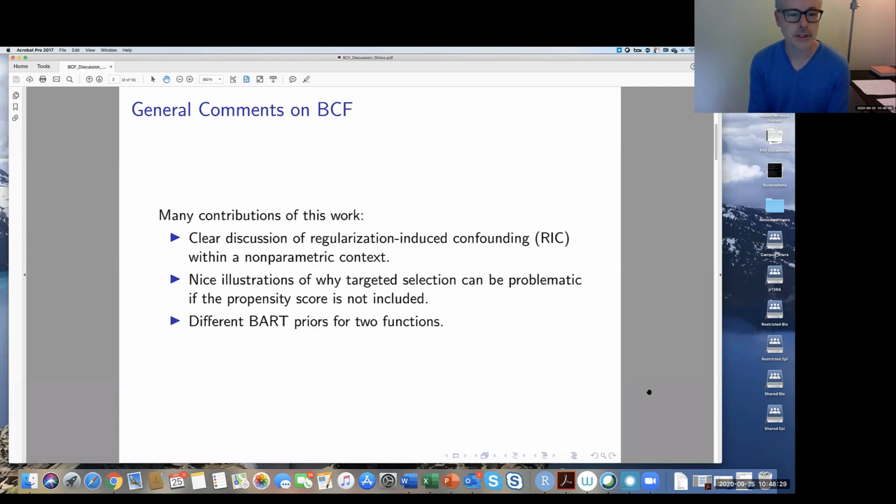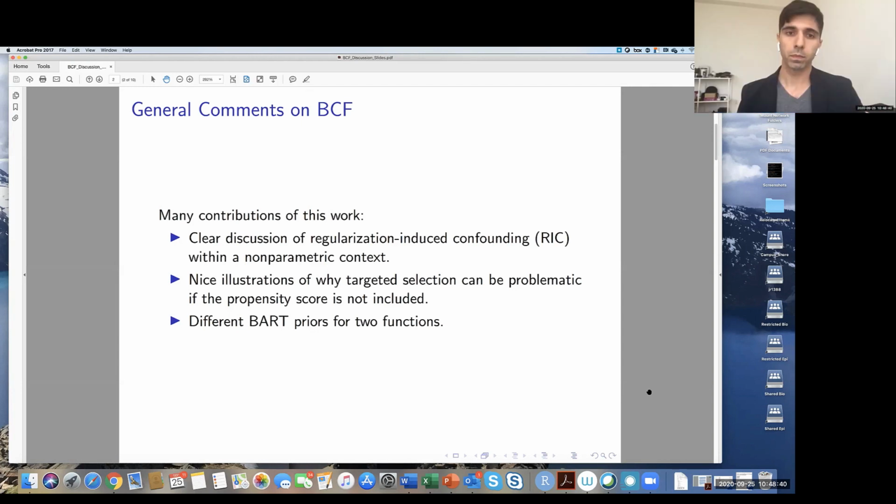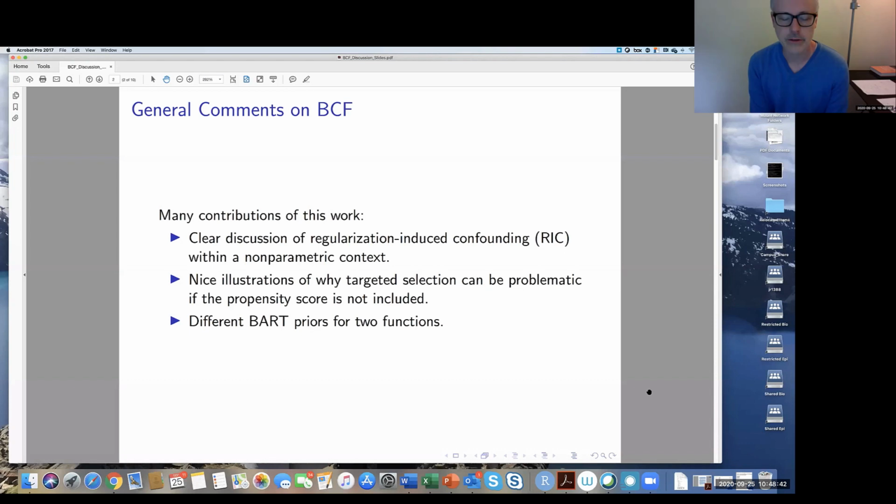We appreciated that, and a couple of things to point out. We liked that there was a clear discussion of regularization induced confounding in this non-parametric context. There was previously a paper, a few years ago, that introduced this idea of RIC, but it had to do with high dimensional data, where we have a lot of X variables. Here, the regularization is really more in the fact that you have a highly parameterized model, you're doing non-parametric modeling.